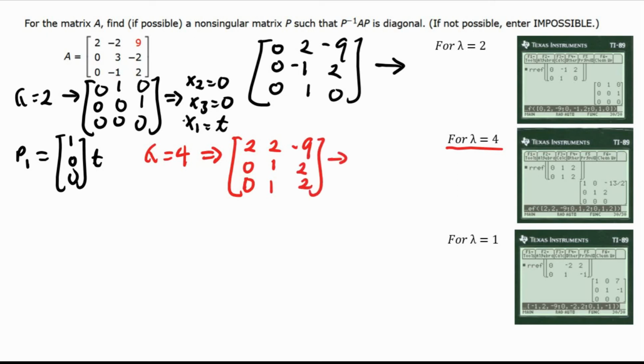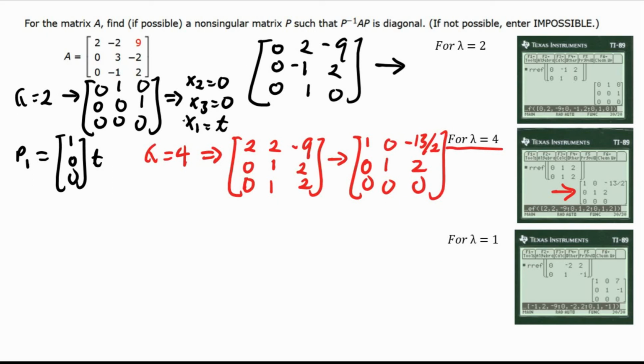And then now on the graphing calculator, I'm looking here at 1, 0, 0, 0, 1, 0, -13/2, 2, and 0.